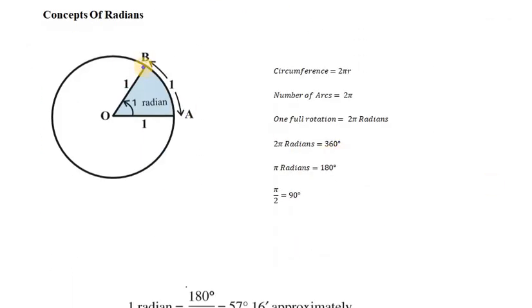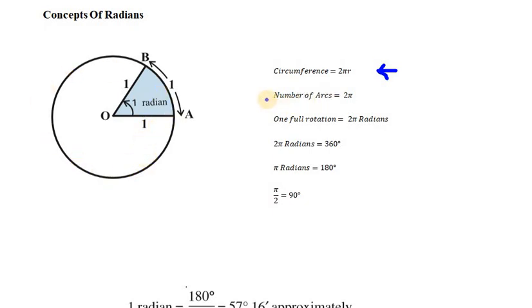So here we go. First we need to start with the circumference of the circle. The circumference is the outer part of the circle, and it equals 2 pi r. Now we need to know how many arcs can cover a whole circle. In the whole circle we have 2 pi, only 2 pi, not r.